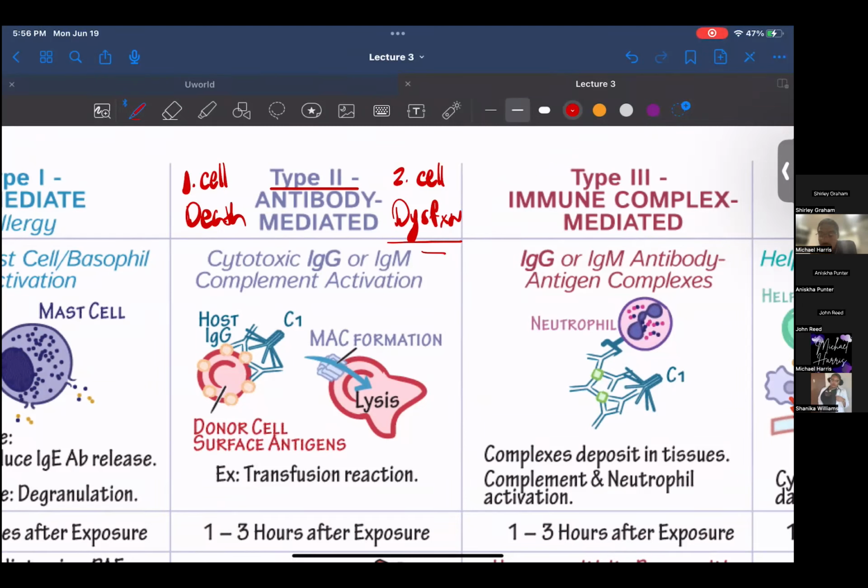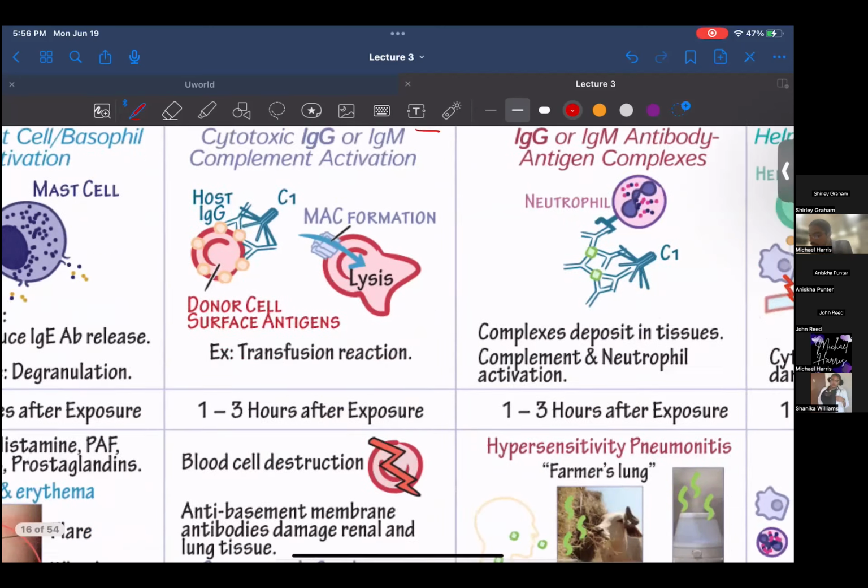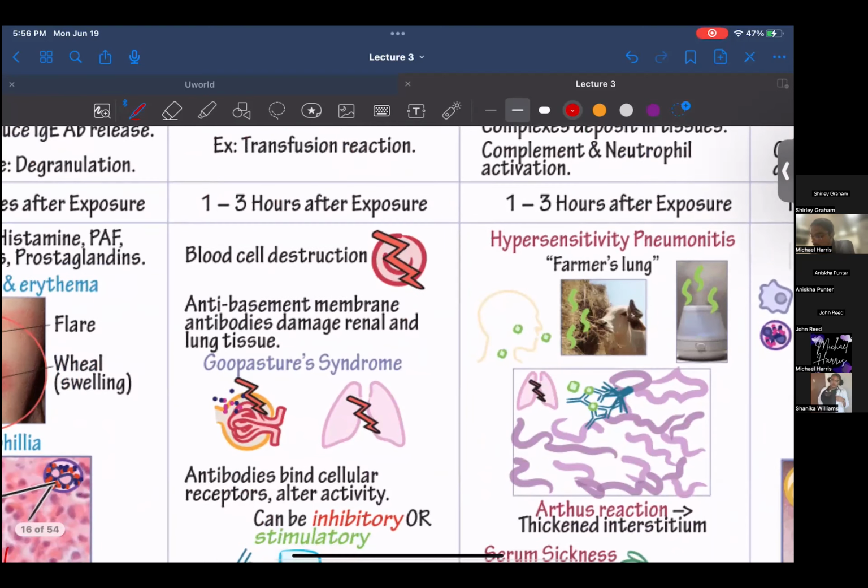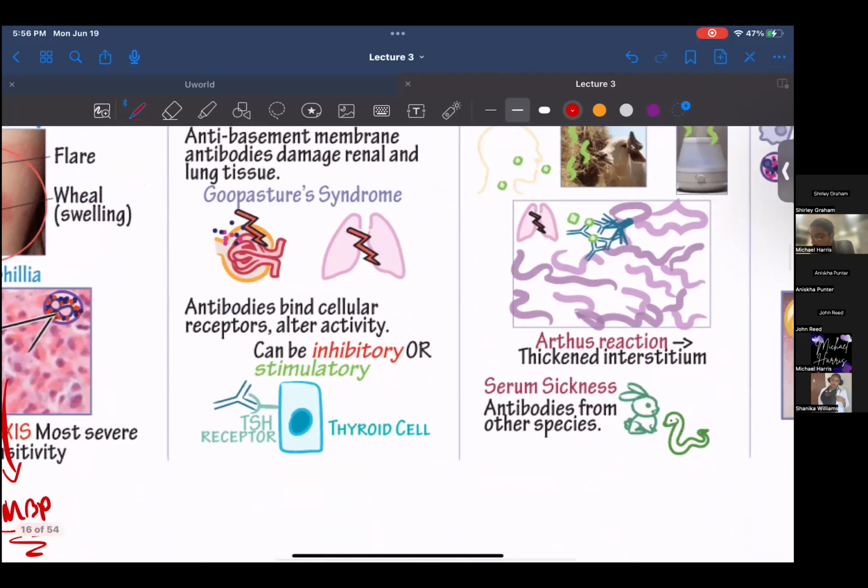It doesn't make immune complexes and then get filtered out. It actually binds to the cell. So that means that there's something on the cell that the antibody is looking for. Okay? All right, good. Now, we've already talked about how we can have blood cell destruction, and how it can cause cellular dysfunction. Okay? Any questions on that?